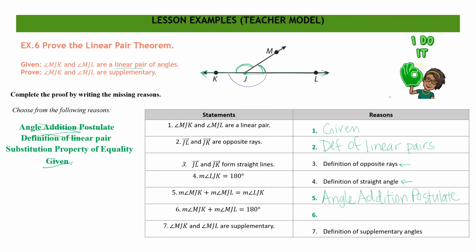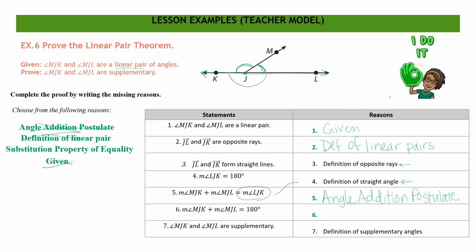So now we're just left with the substitution property of equality, but we're going to go over that so we can make sure that this proof makes sense. Looking at statement number 6, we have the measure of angle MJK plus the measure of angle MJL equals 180 degrees. Why are we going to use the substitution property of equality? Well, remember, we always go in the proof back to the preceding statements and reasons to help us find the reasons and statements of the ones that we're looking for. The measure of angle LJK was a straight angle, right?